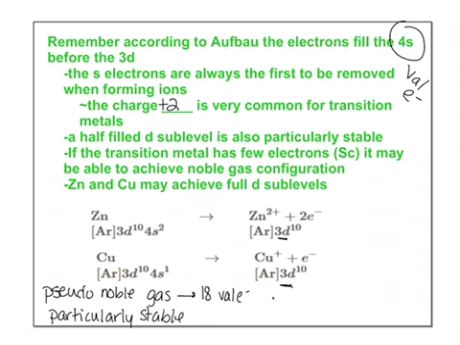It will have s2 full, p6 full, as well as d10. If you were to write out these electron configurations instead of using the noble gas argon, you would see that it has the full 4s2, 4p6, and that 3d10. So we get 2 plus 6 plus 10 for 18 electrons. That's what we call a pseudo noble gas electron configuration.